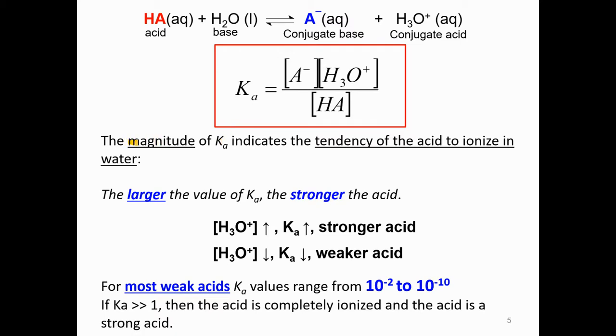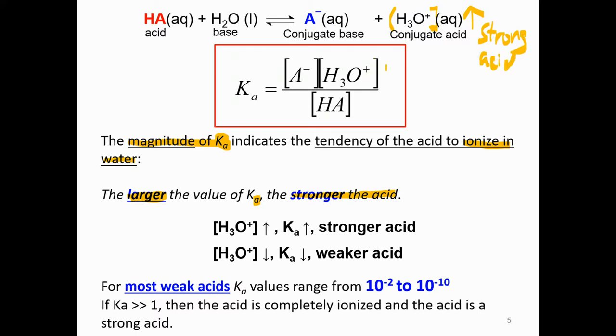Now, what does the magnitude of Ka indicate? It indicates the tendency of acid to ionize in water, meaning that the larger the value of Ka, the stronger the acid. Why do we say this? If we want to know if an acid is strong or not, if we have higher concentration of hydronium ion, it will be a strong acid.